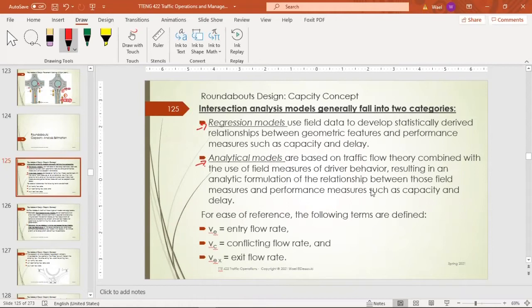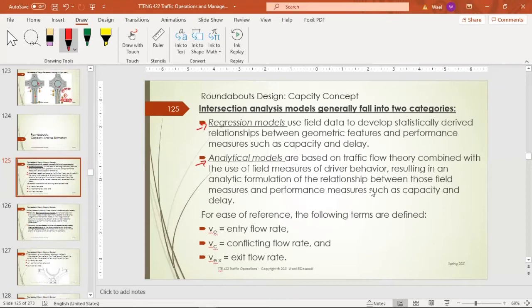Regression analysis uses field data to develop statistically derived relationships between geometric features and performance measures such as capacity and delay. While analytical models are based on traffic flow theory combined with the use of field measures of driver behavior, resulting in an analytic formulation of the relationship between those field measures and performance measures such as capacity and delay.